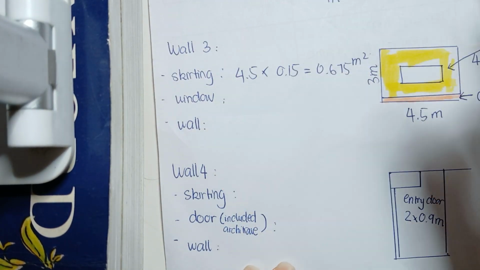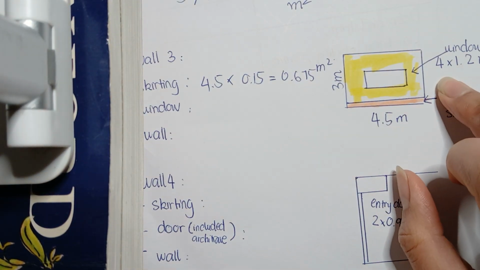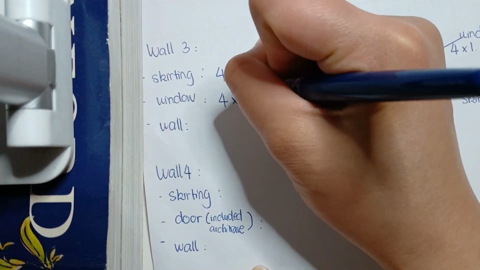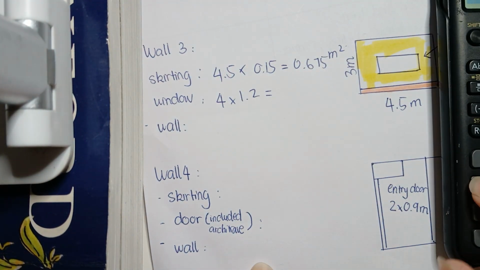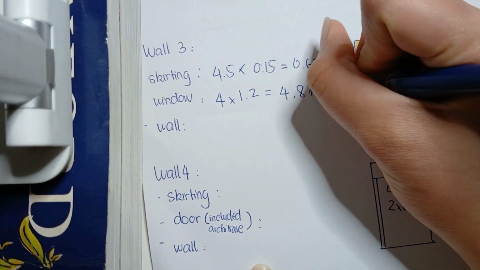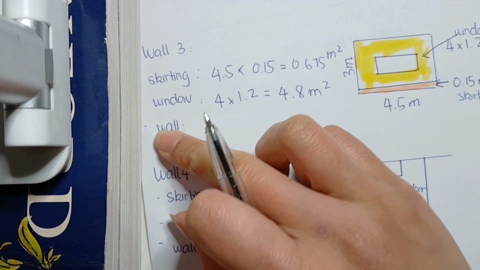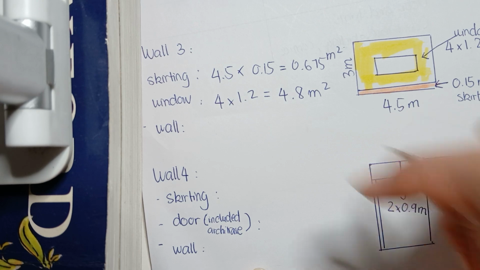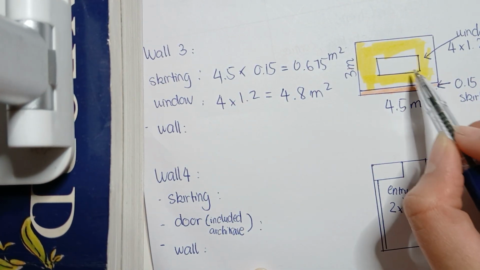Alright, window area is given here, 4 multiplied with 1.2 equal to 4.8 meter square.